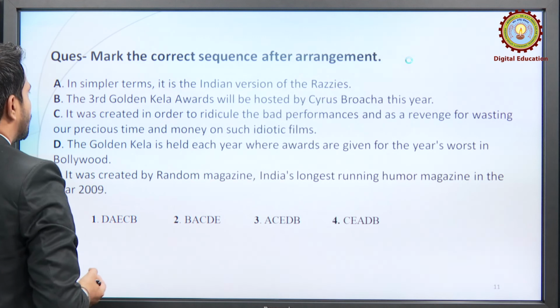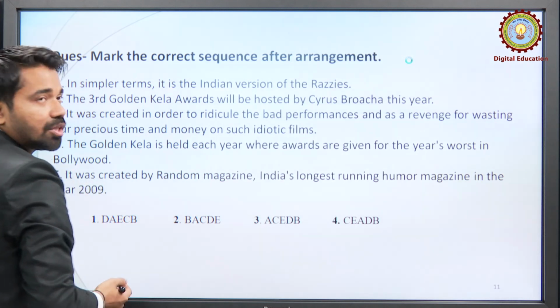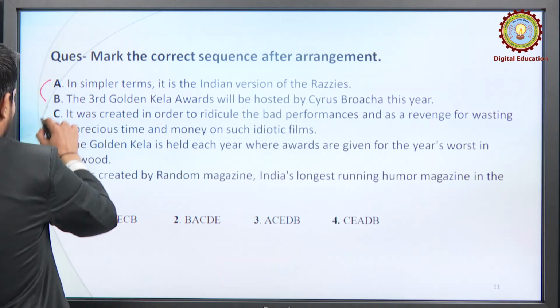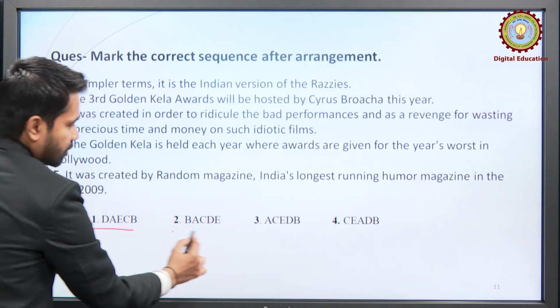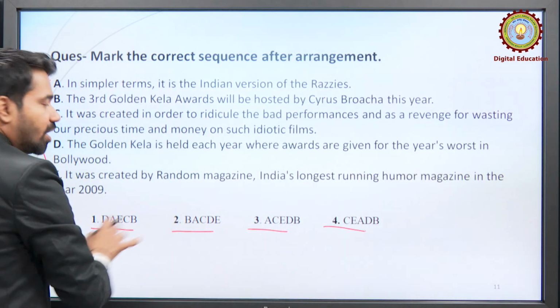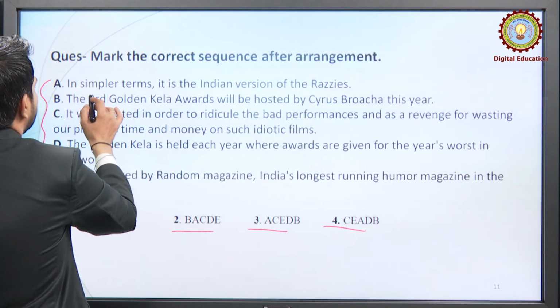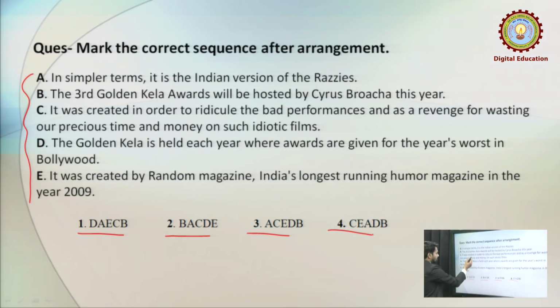This is the most probable and frequently asked question type, when you have some sentences and you have options like this. This is quite easy. How? Check it. First of all, 'in simpler terms', it is a pronoun, so it cannot be the opening sentence.